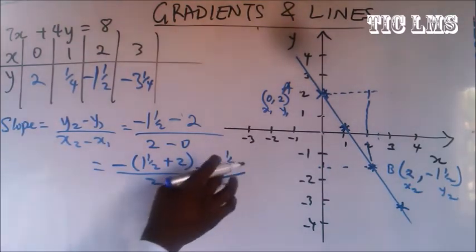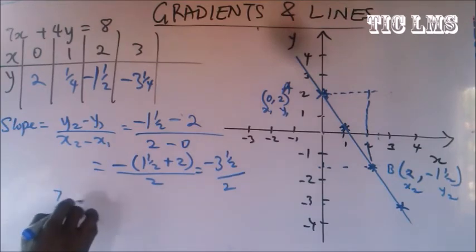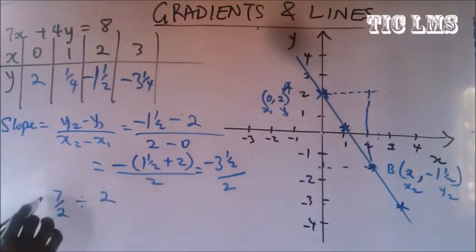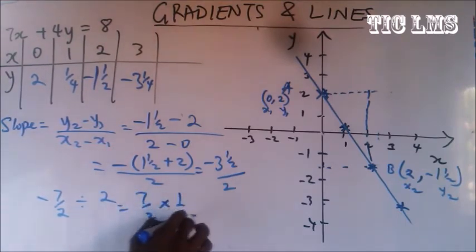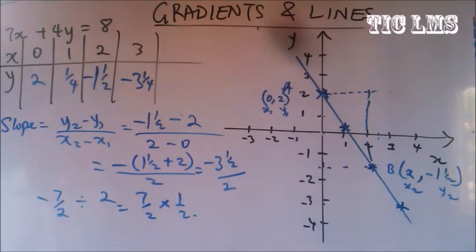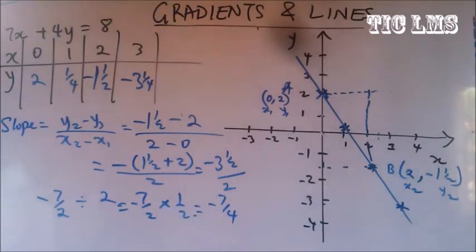We can convert this: 3 times 2 is 6 plus 1, that's 7 over 2 divided by 2. Don't forget we have a minus over here. So we have 7 over 2 times 1 over 2. When the division is changed to multiplication, we are left with minus 7 over 4.